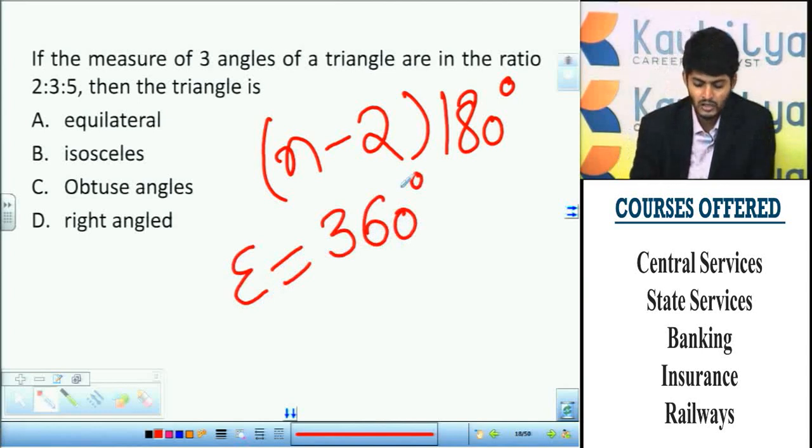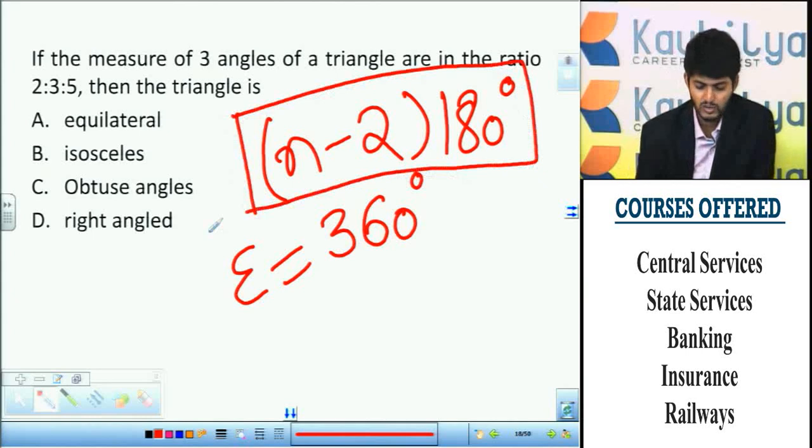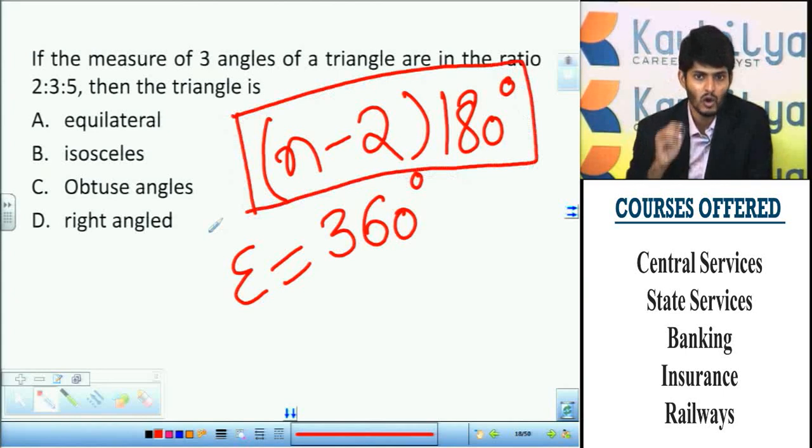In this case, suppose you want to find out the value of each interior angle. You have all interior angles equal to (n minus 2) into 180 degrees. Suppose I am dealing with a polygon which is regular. Regular means all sides are equal.